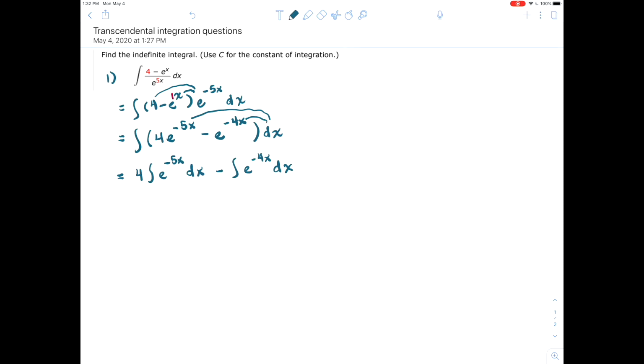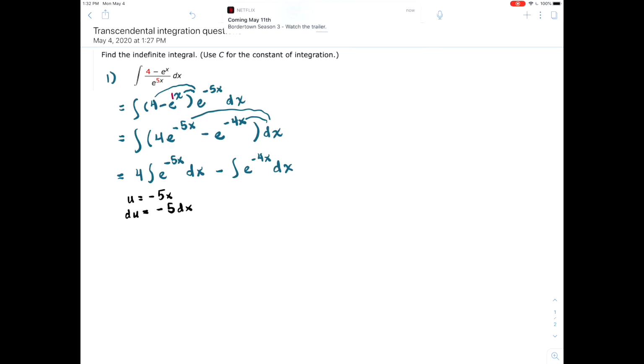Good so far? All right, so if we look at the first problem, our u substitution would be u equal to negative 5x, and so we would end up with du equal to negative 5 dx. Good so far?